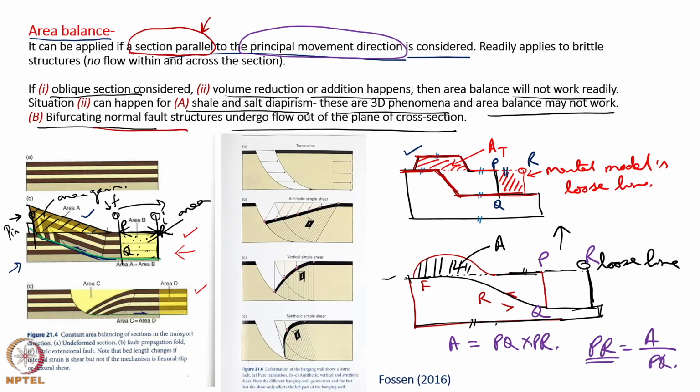Once PR is obtained, we can move in this direction so many centimeters, drop a normal and say that this was the soft material before faulting. So, in case of a triangular geometry, a trapezoid geometry, and this geometry, we are able to work out the restored cross section by the area balance method.